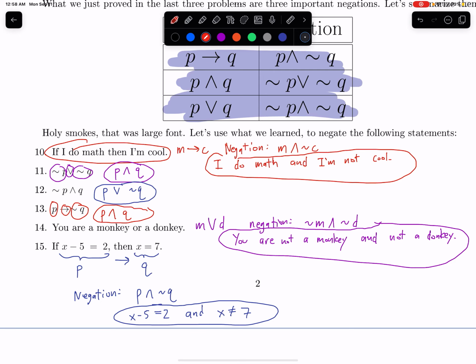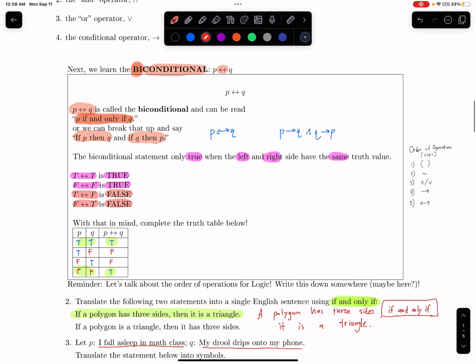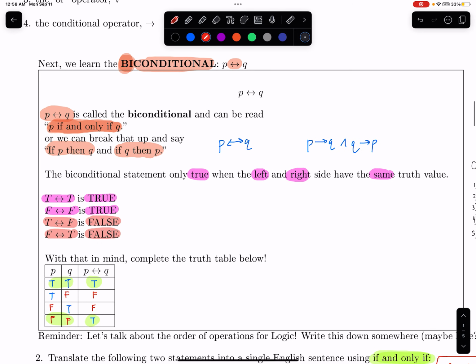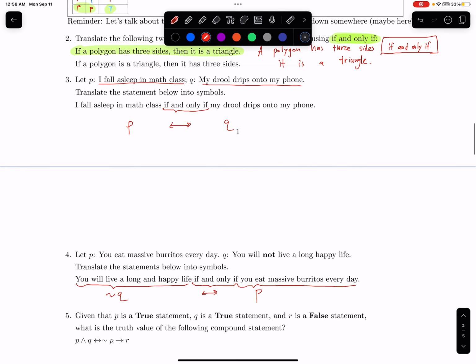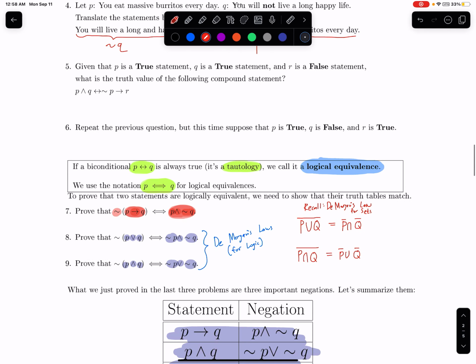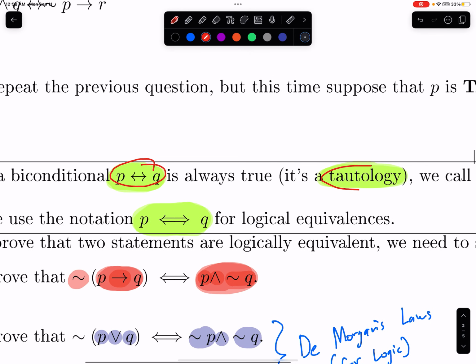All right, real quick recap. What did we do today? We learned basically about the biconditional. That was the big new thing. This new symbol. We learned it's true when they match up, false otherwise. We learned how to read the biconditional as if and only if. We also learned how to do translations back and forth. We learned that if a biconditional happens to be a tautology, then it has a special name.